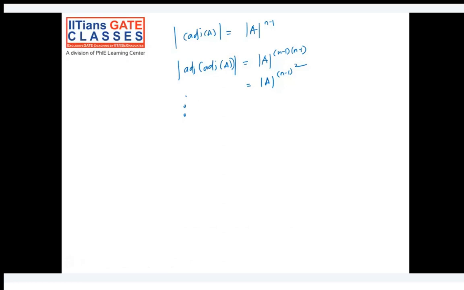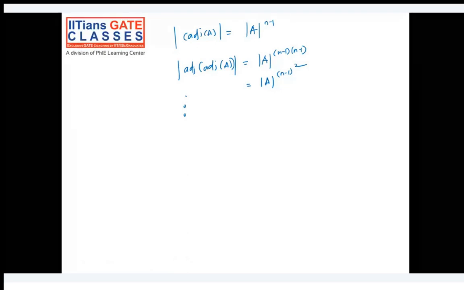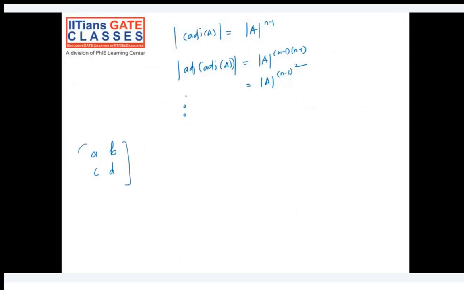If I give you a simple example of a 2 cross 2 matrix, let's say a matrix A, B, C, D, how will the inverse look? Inverse will be equal to 1 upon determinant, which is AD minus BC, into D, A, and this will be minus B. That's all.